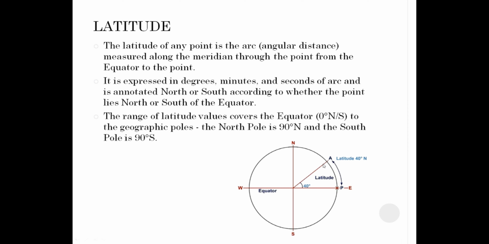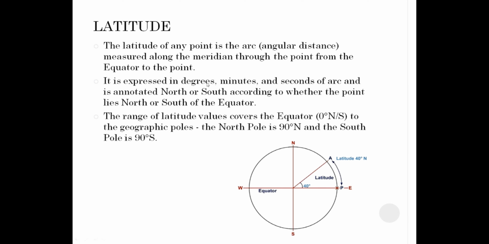So this is your arc measured along the meridian, this is your meridian, right? And this is your one point. So this is called your 40 degree north latitude. Imagine a small circle like this, so that will be your 40 degree north.